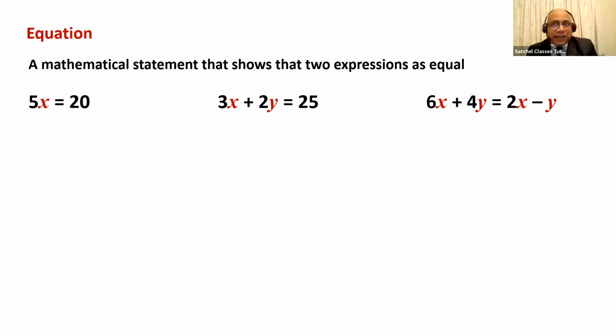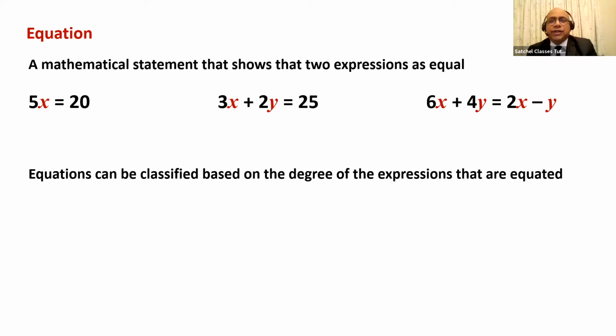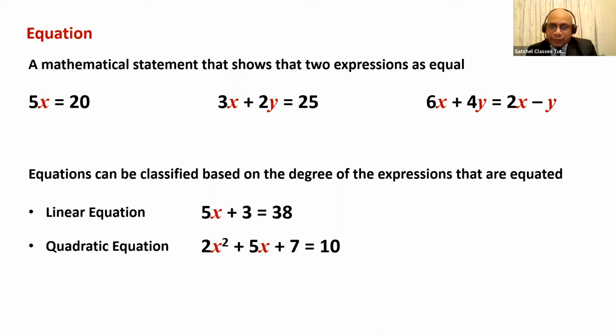Now, like algebraic expressions, equations are also classified based on the degree of the expressions that are equated. So we can have a linear equation where a linear expression is equated to something, like 5x plus 3, which is a linear expression, equated to 38. We can have a quadratic equation where a quadratic expression is equated to something, like 2x squared plus 5x plus 7, which is a quadratic expression, equated to 10.